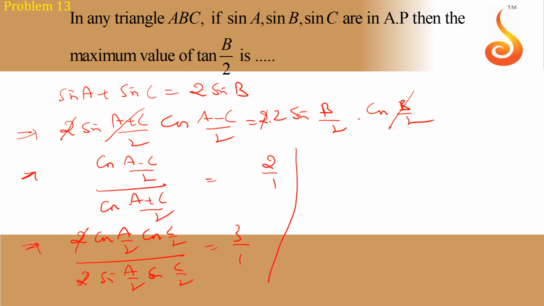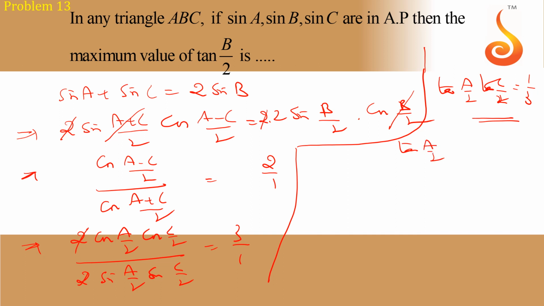So what we got, tan A by 2 into tan C by 2, I got 1 by 3. Keep aside. Now tan A by 2 plus tan C by 2, arithmetic mean greater than or equal to geometric mean. Geometric mean is square root of, that is, can I say 1 by root 3.